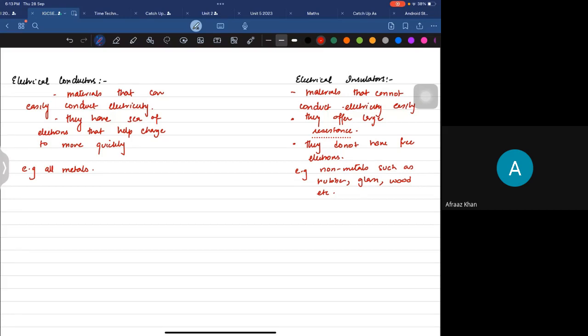All right now. Once we have identified them, we can then go towards learning how we can charge insulators.